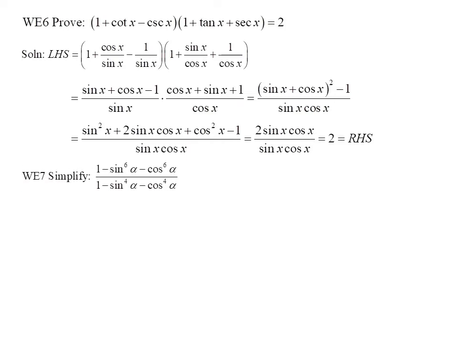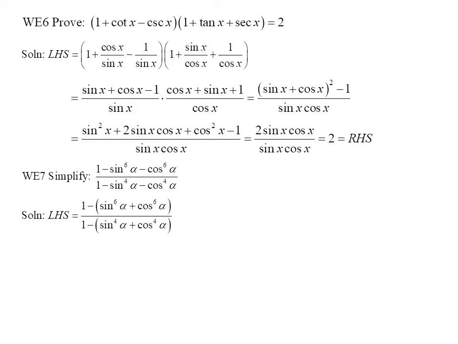Example 7 is to simplify a trigonometry expression. The first step is to modify the expression to the ratio of 1 minus (sine to the 6th of alpha plus cosine to the 6th of alpha) to 1 minus (sine to the 4th of alpha plus cosine to the 4th of alpha).